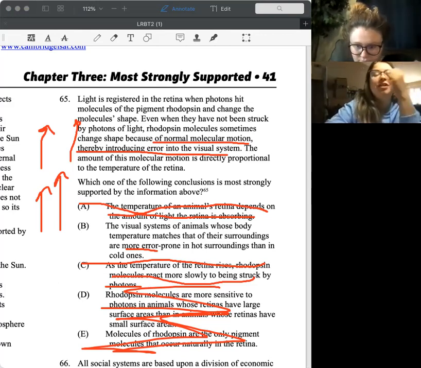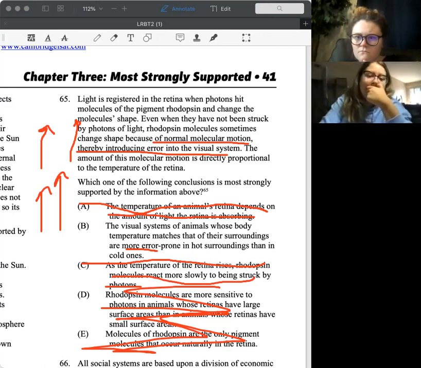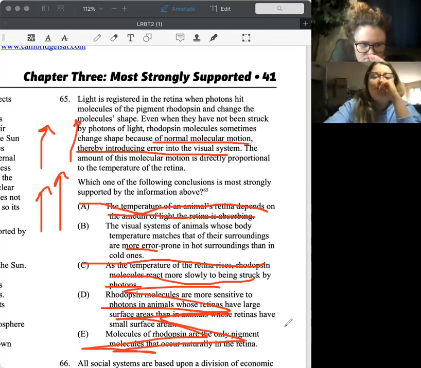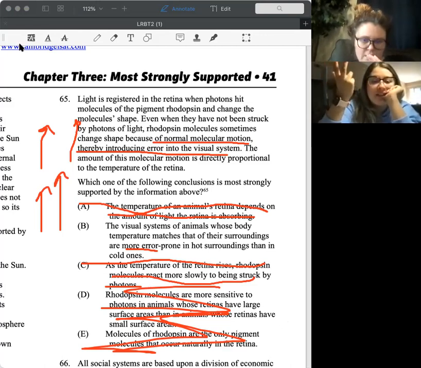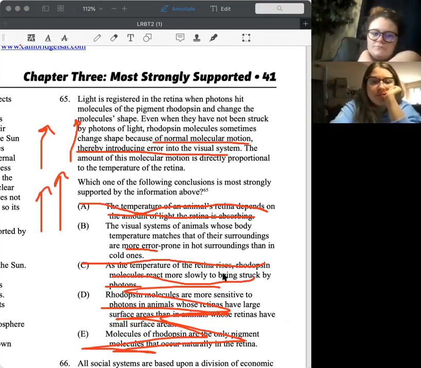Yeah, this is why I was like, this question's challenging, at least to me it was, because I couldn't really make sense of that either. But now that I'm looking at it, I'm just matching up what the answer choice says to the stimulus, and it makes sense to the stimulus. Yeah, and this is probably why it's the most strongly supported and not a must be true.